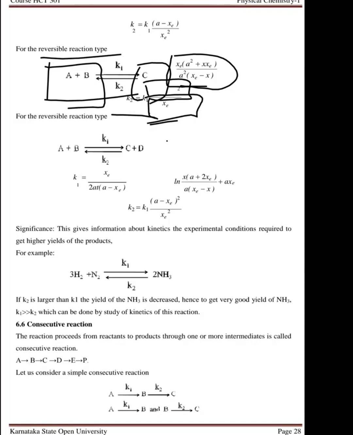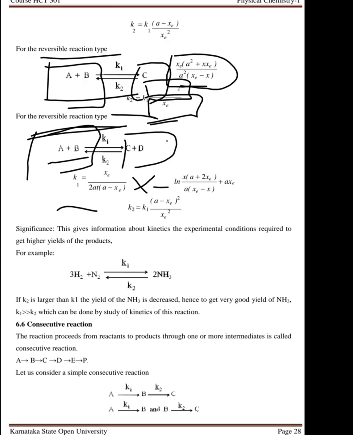And in another reversible reaction, A plus B, two reactants are taken forming two products. For this, you are going to write this equation: K1 is equal to Xc by 2AT into (A minus Xc) into ln of [x into (a plus 2xc)] divided by [a into (xc minus x) plus a xc].